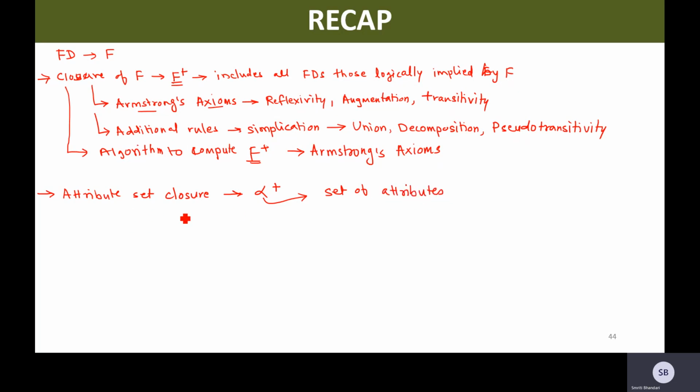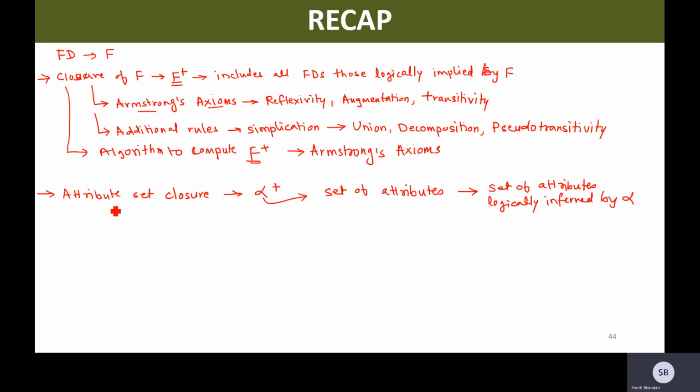Now what is this attribute set closure, and what does alpha plus determine? Alpha plus is interpreted as the set of attributes logically inferred by alpha. So all the attributes in alpha plus are determined by alpha.